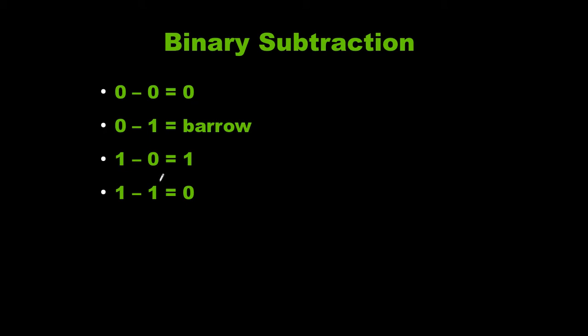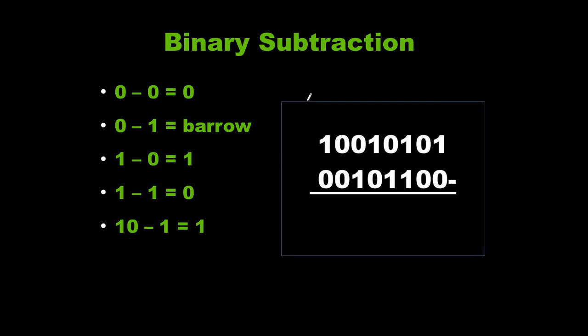10 minus 1, and I'll let you know why we had 10 here. What's 10? 1 and 1, or 1 and 0. This is 10. So here, what do I have? 1 minus 0 is 1. 0 minus 0 is 0. 1 minus 1 is 0.